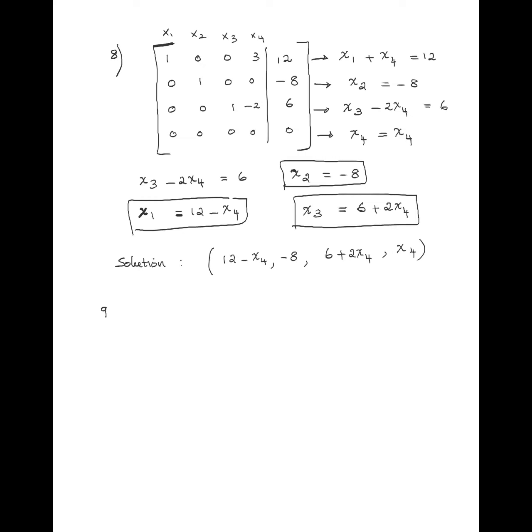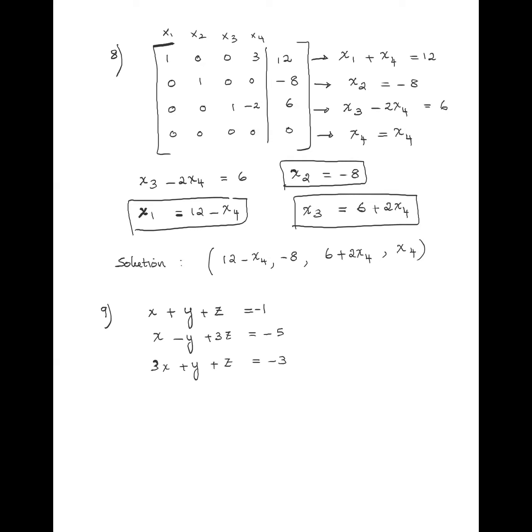In number 9, we have to perform the augmented matrix and determine if the system is independent or dependent or inconsistent. So I'm writing down the equations first. Now we're going to write down the augmented matrix.